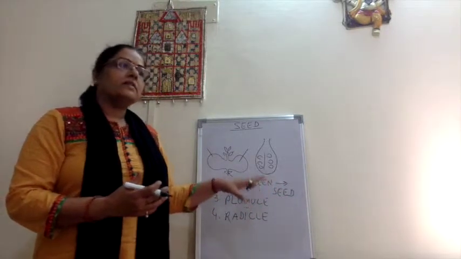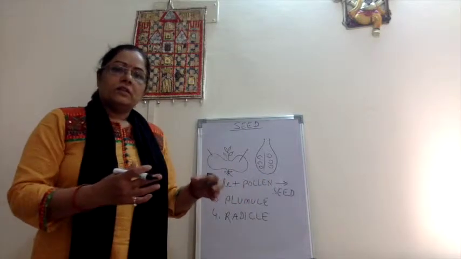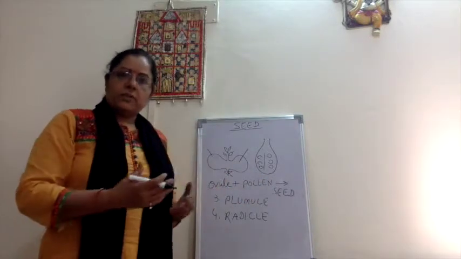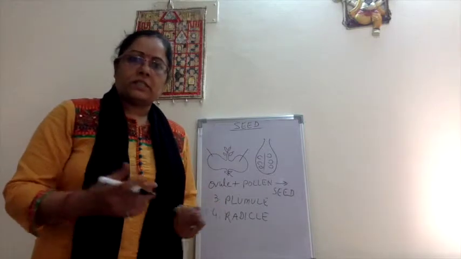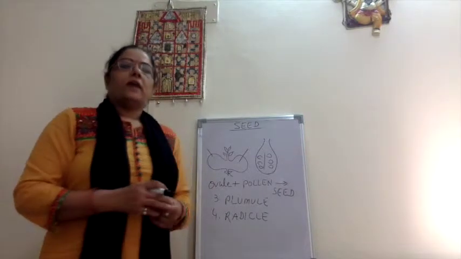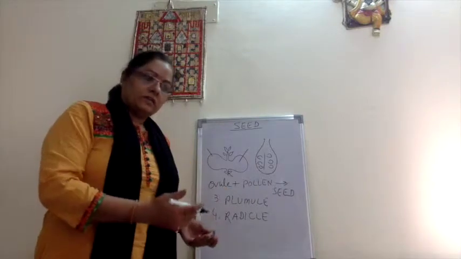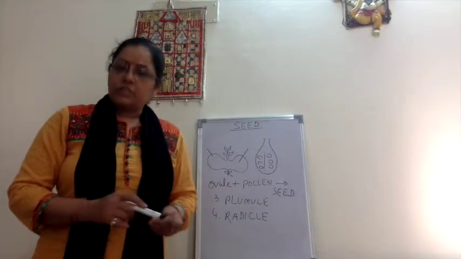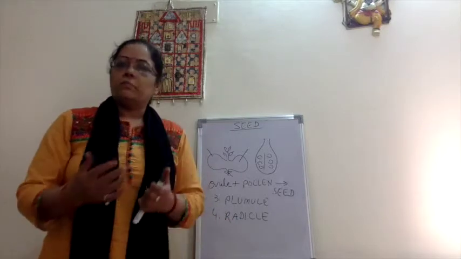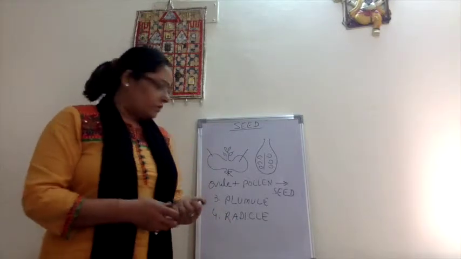The cotyledons store food which is edible, like in all the pulses, they are dicot. And monocot, like all the cereals such as wheat, rice, maize, they are monocot.